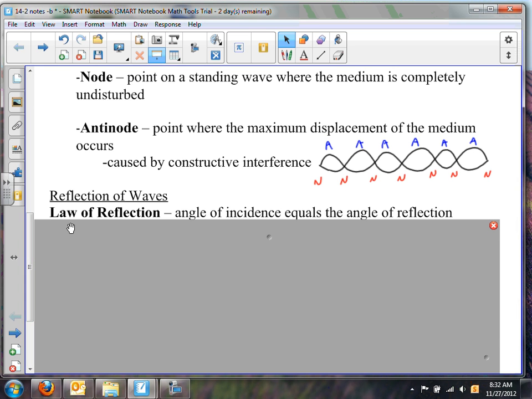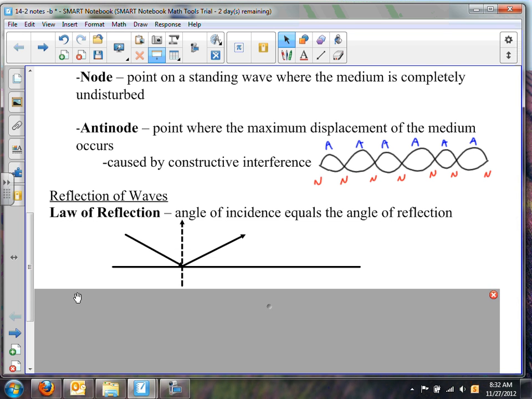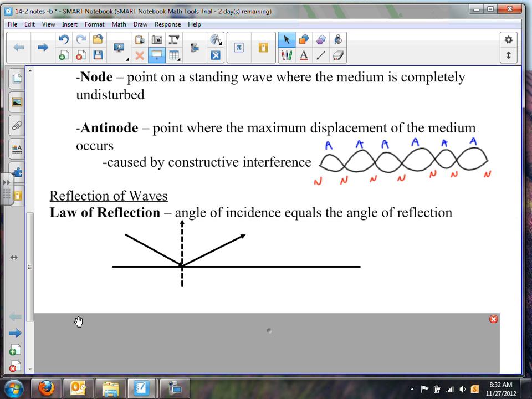The law of reflection says the angle of incidence equals angle of reflection. So this ray right here is considered your incident ray. The blue one over here would be your reflected ray.